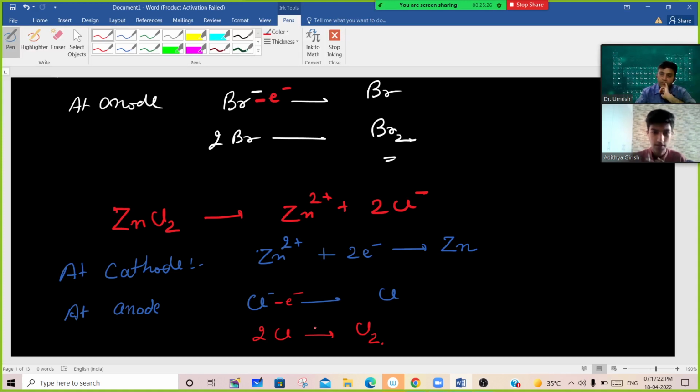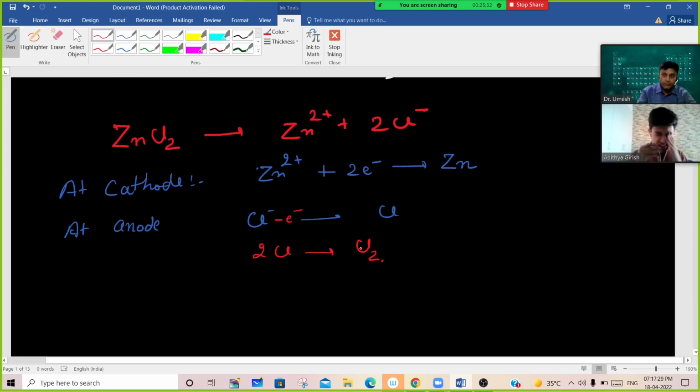I'm just writing down the zinc chloride. Not understanding zinc chloride. So I'm just writing it down. Just give me one moment. Okay.